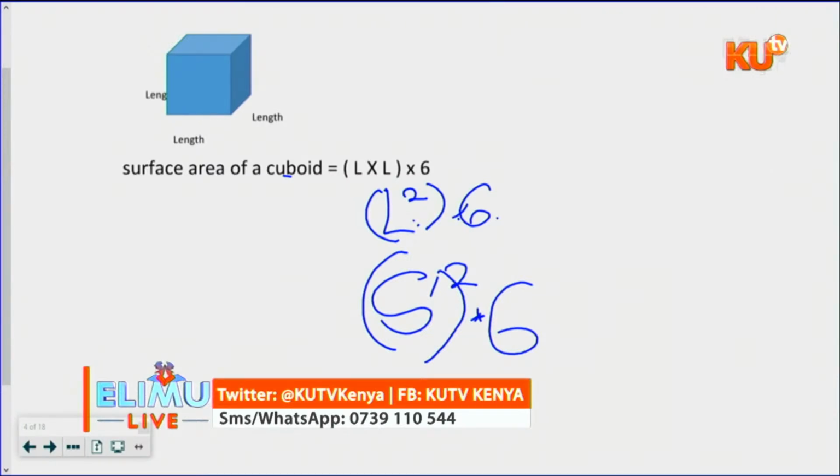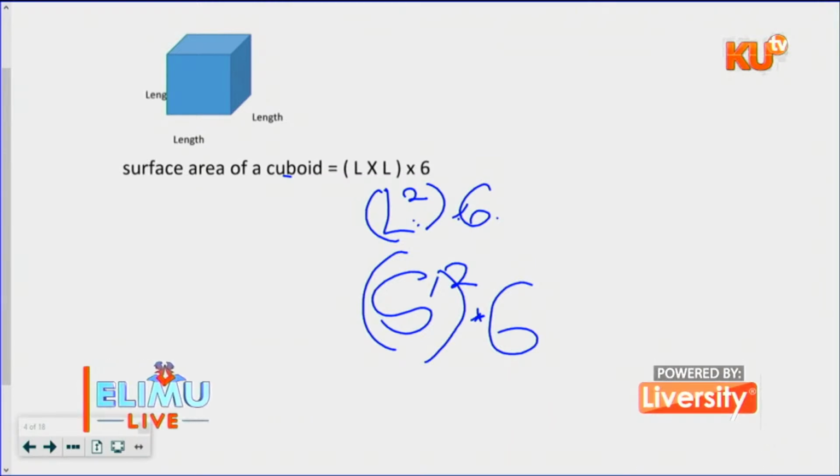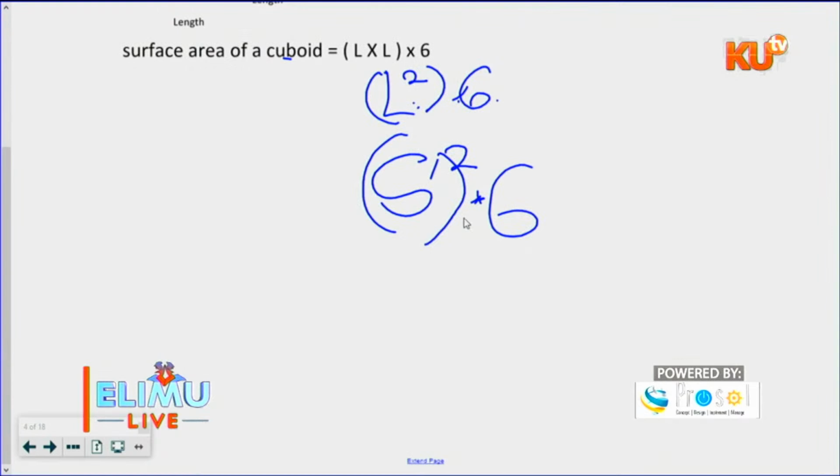So these are the three formulas you can get. Length times length, then we multiply by 6; length squared, then we open the bracket by multiplying by 6; side squared, we open the bracket by multiplying by 6.